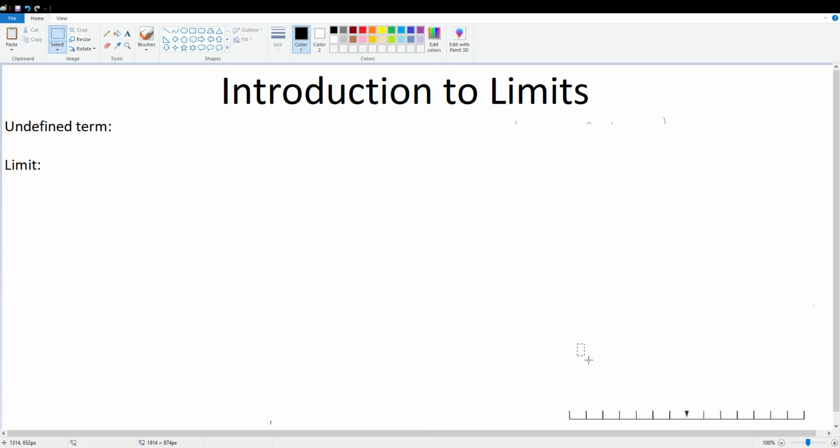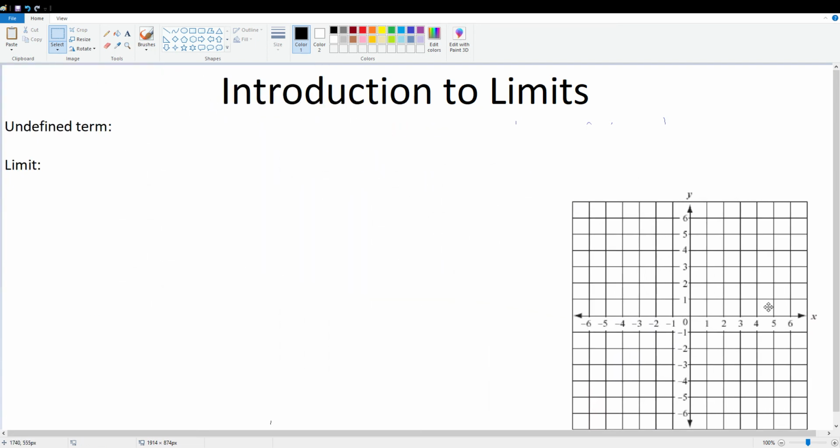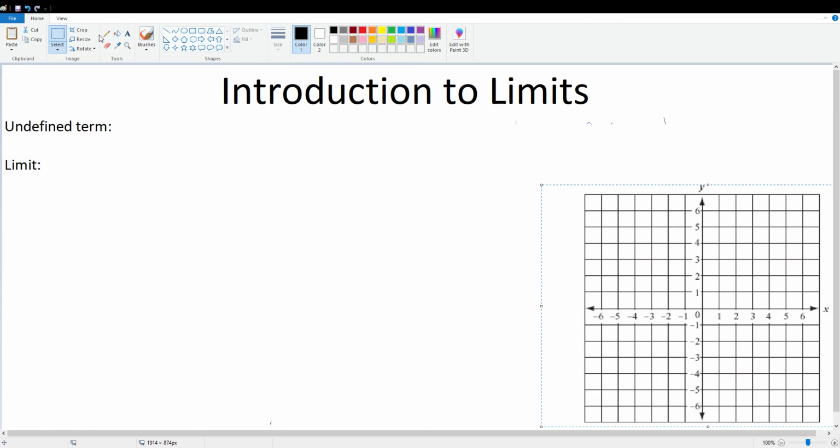Here we're going to start off with an example one. So f of x is equal to x minus 2 over x minus 2. Now, just simplifying this to straight up 1 is certainly almost correct.